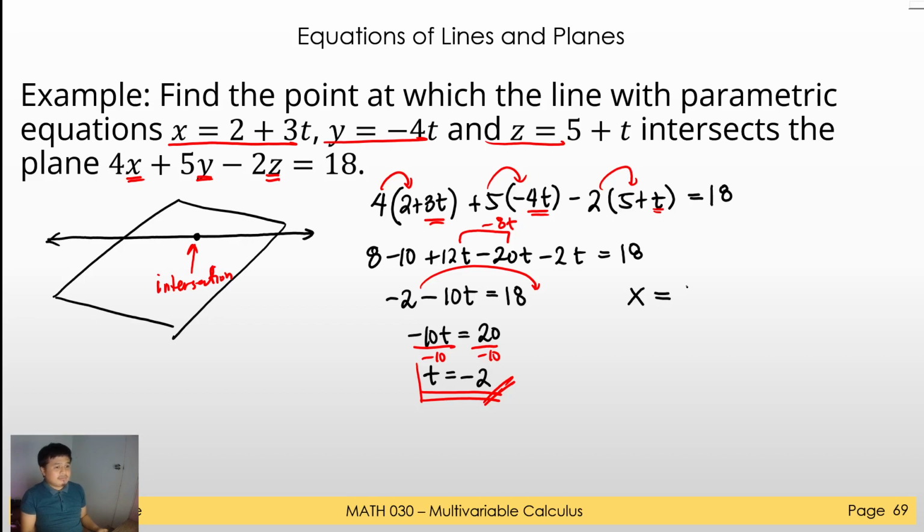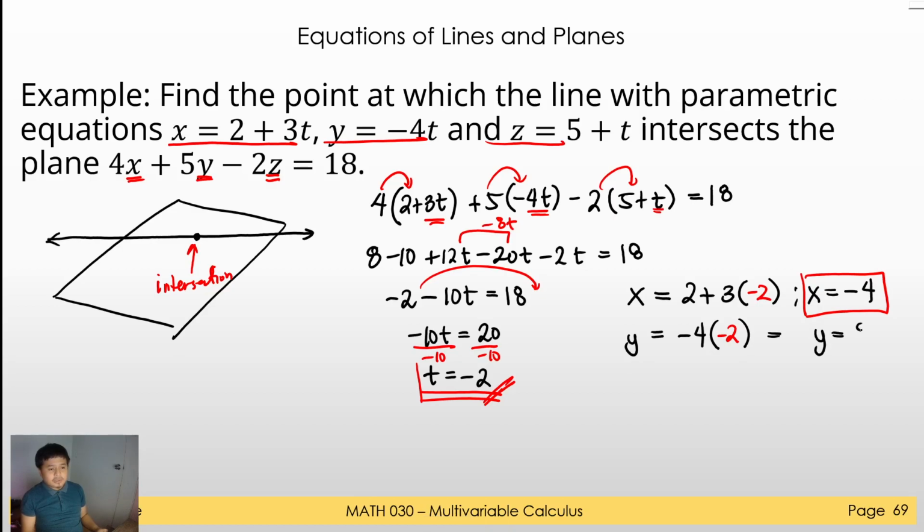For x, we have 2 plus 3 times negative 2, so negative 6 plus 2, which is negative 4. And then for y, we have negative 4 times t, so negative 2 here gives positive 8.